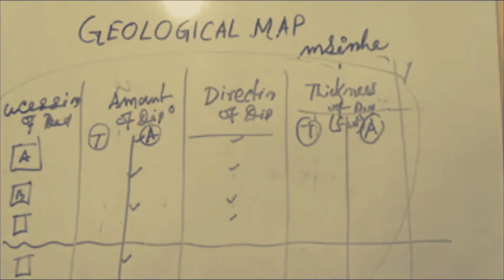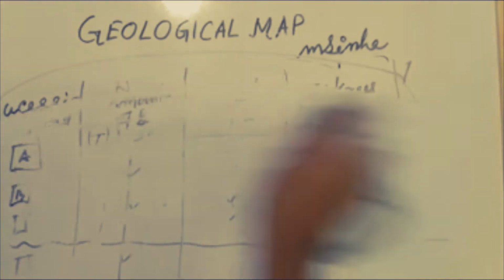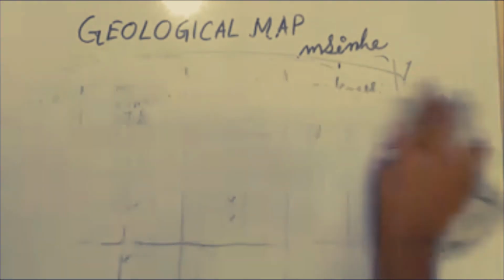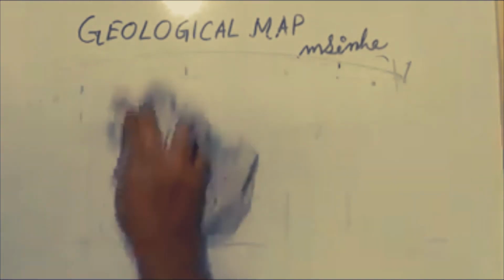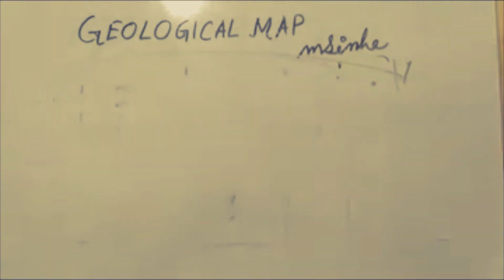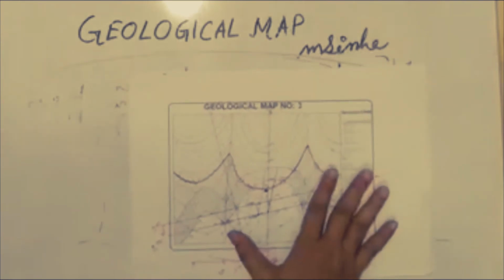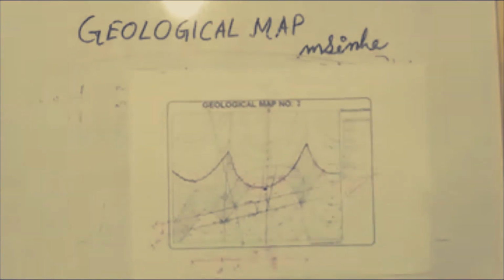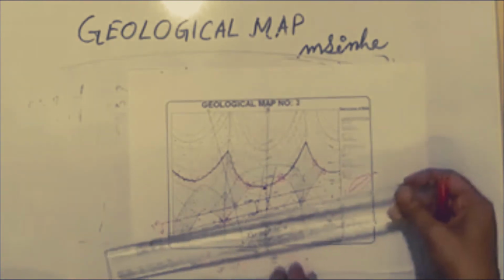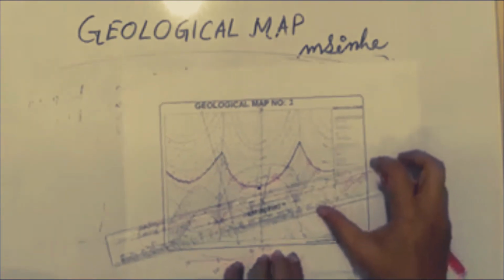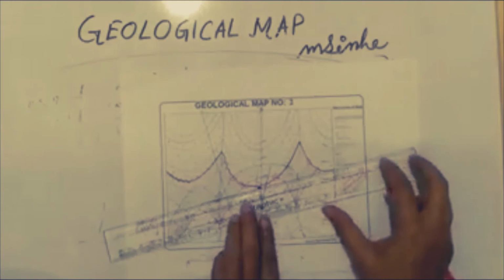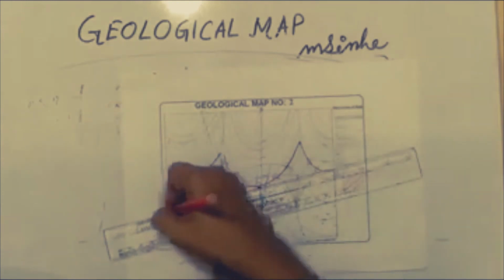Here I would like to mention another thing: from the geological map you can easily get thickness with the help of section lines. Suppose this is a geological map. Here you draw a lot of section lines. Suppose I am drawing parallel straight lines.